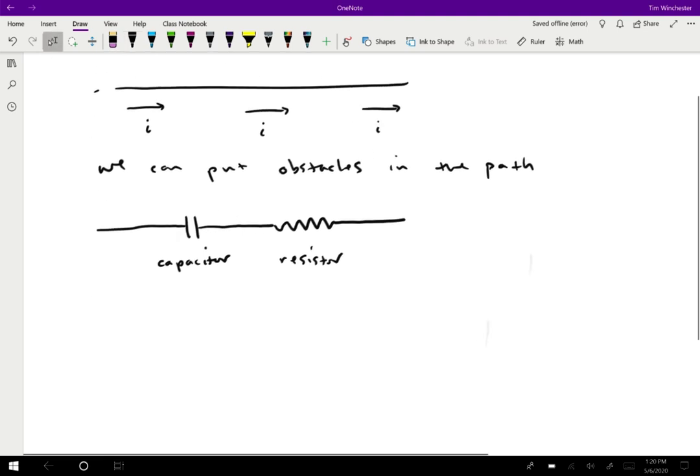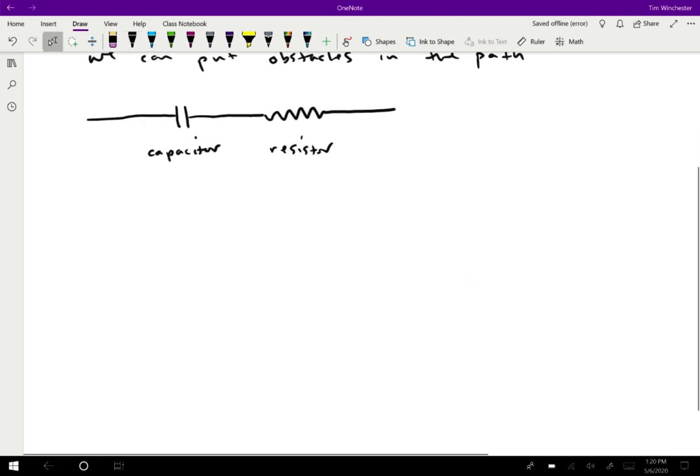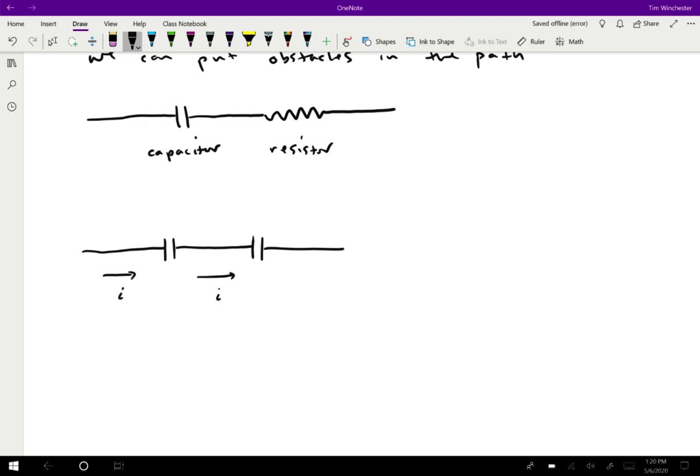All right, so one way is similar to what I just showed you. So for instance, we can take the path and we can put multiple objects just in the way, like this. Okay, so here we have two capacitors that are each going to affect the current in some way. And it turns out, just so you know, the current is still going to be the same at each point along this.